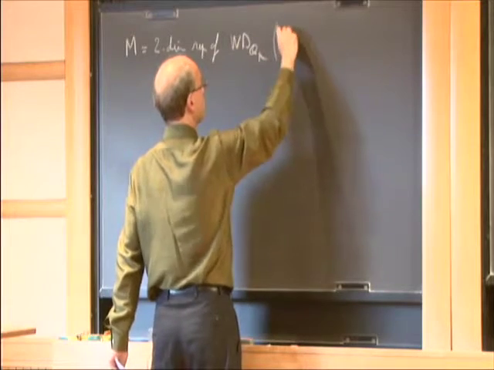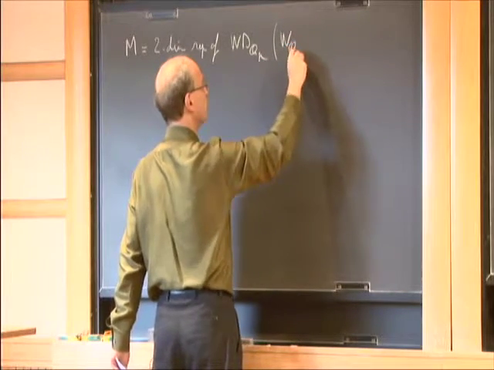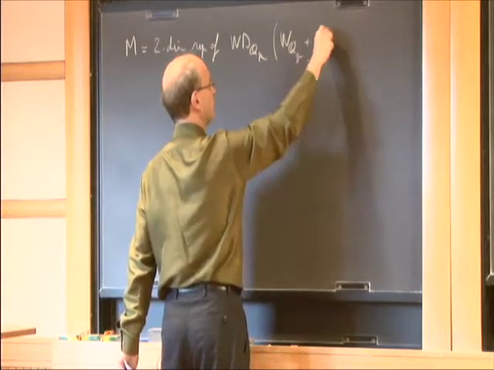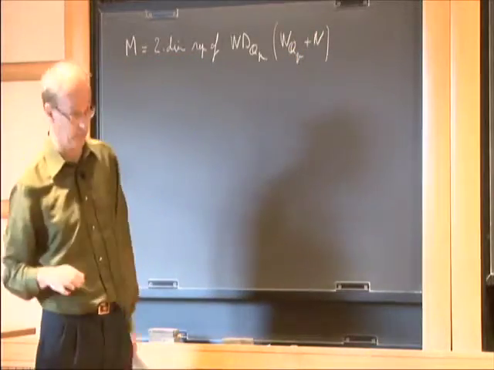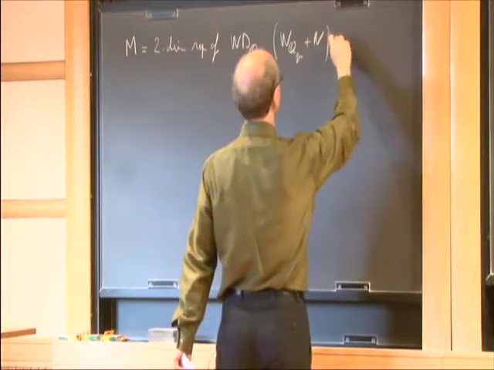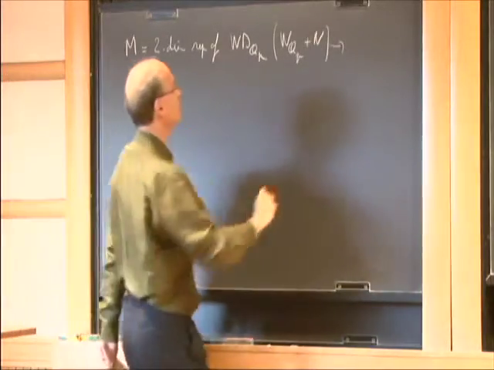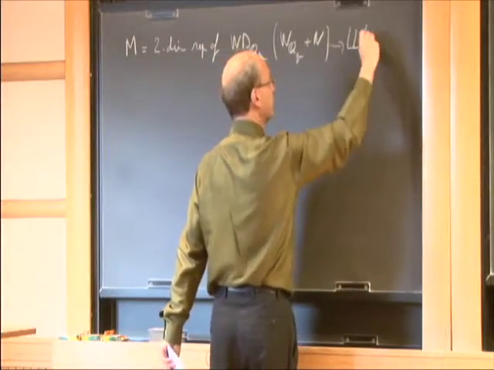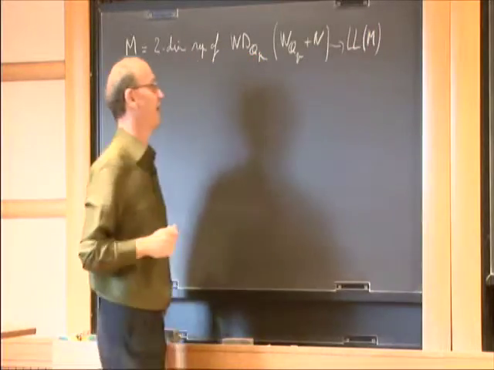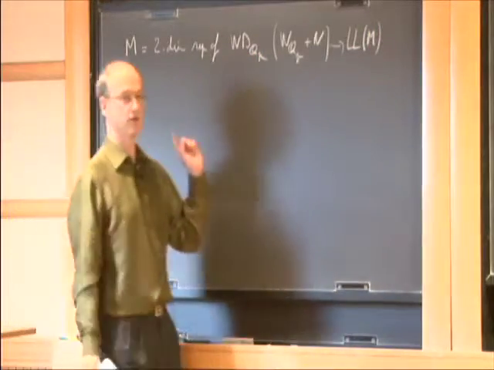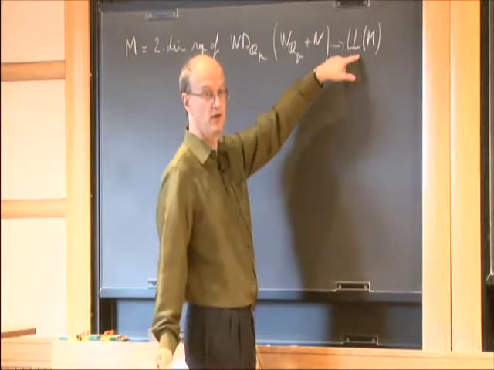I remind you, it's just a representation of W_{Q_p} plus some monodromy operator with some relation between the actions, and to which we can attach via the usual local Langlands correspondence something that I call local Langlands of M.